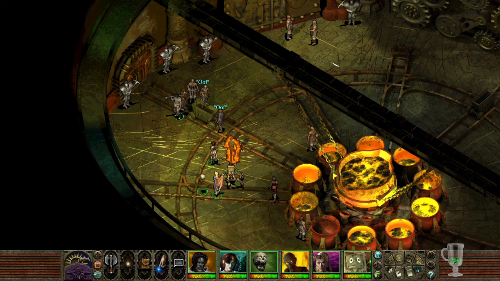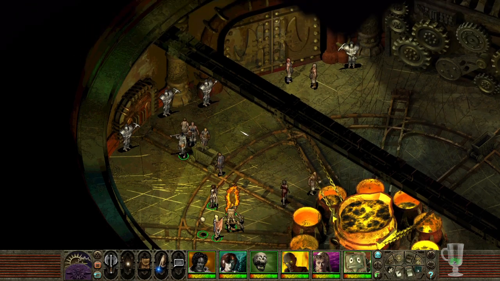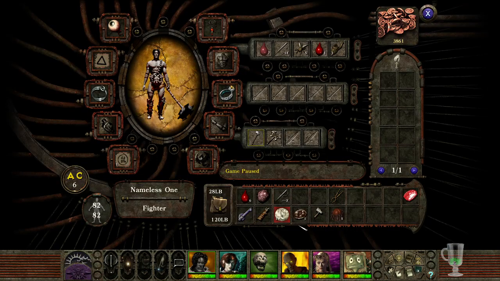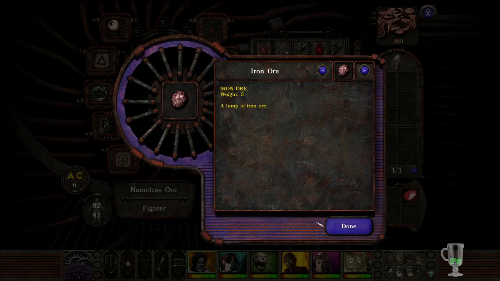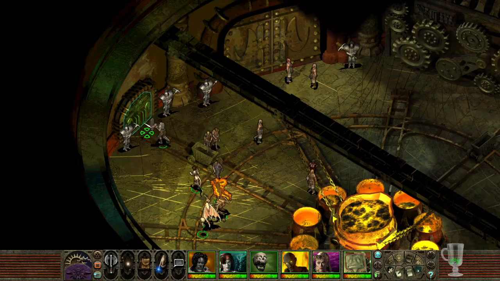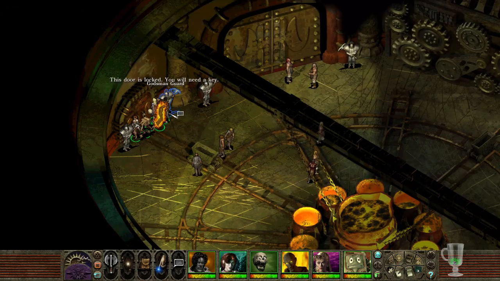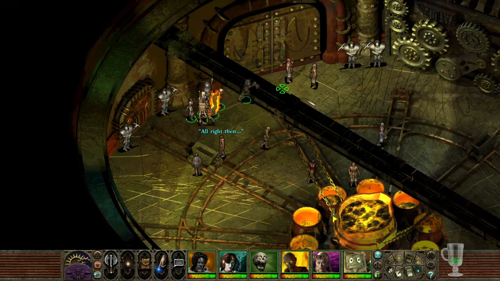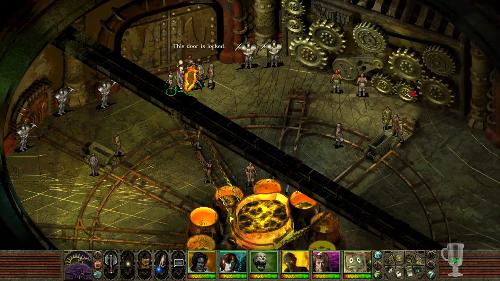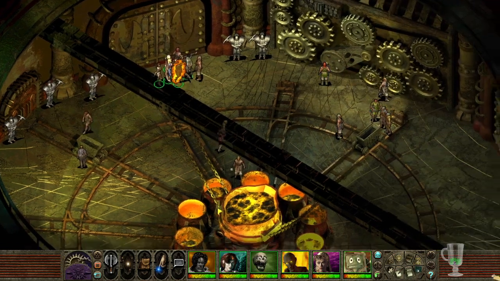So can I not use the forge? I got iron. Lump of iron ore. Behind these doors then. Door's locked.